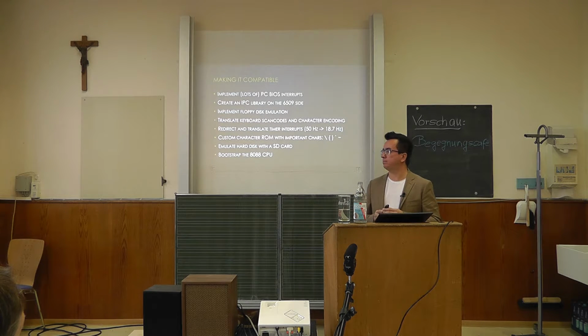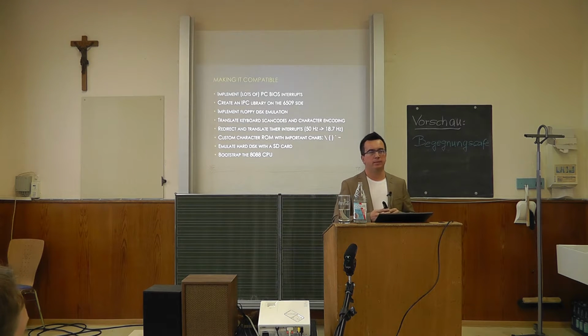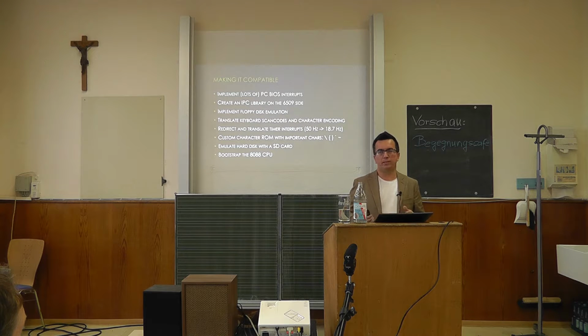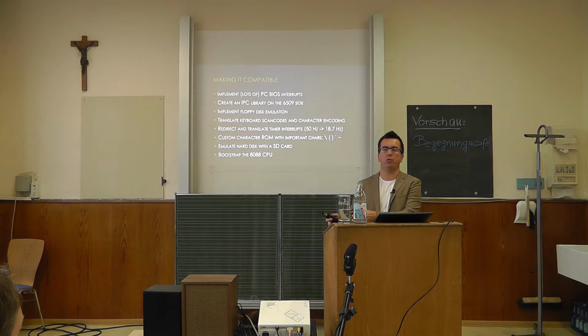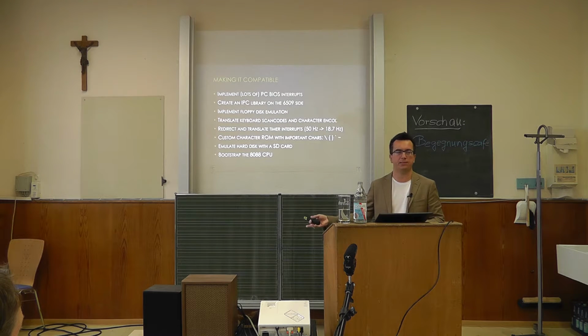This is a quick blueprint of what is required to make the computer, or basically any Intel 8088 computer, PC compatible. So of course you need a PC BIOS. You need to implement PC BIOS interrupts for interacting with the screen, disk, keyboard, serial port, and so on. In the case of CBM2, you also need to implement the 6509 code, because this is the processor that accesses the I/O.